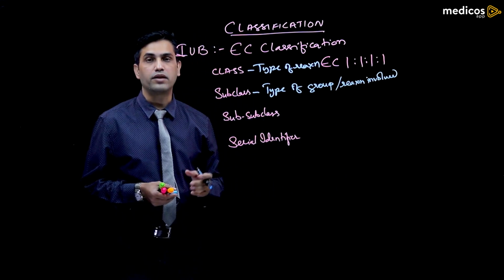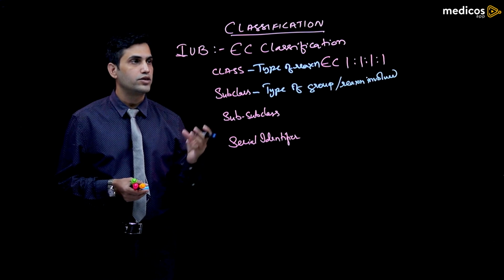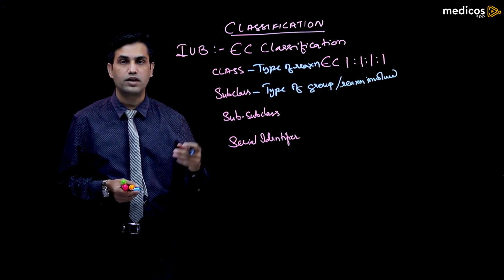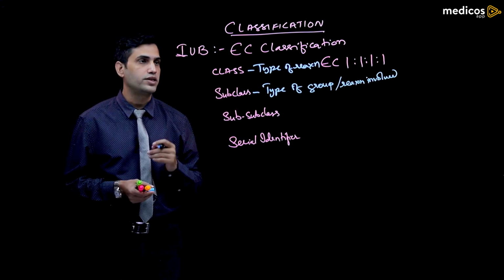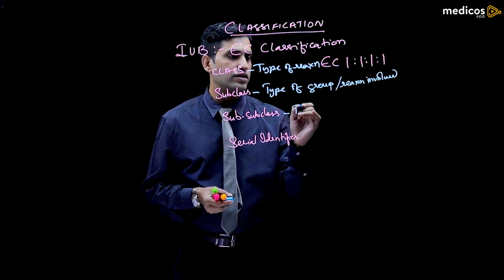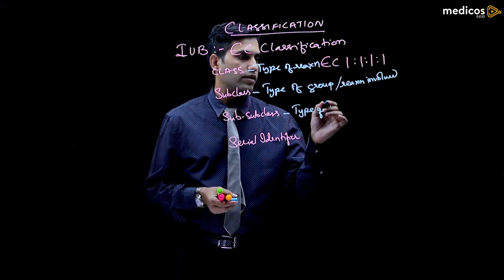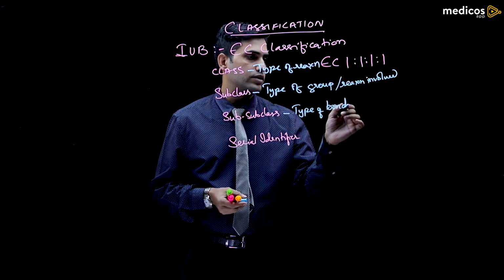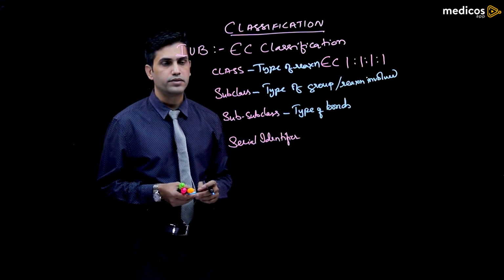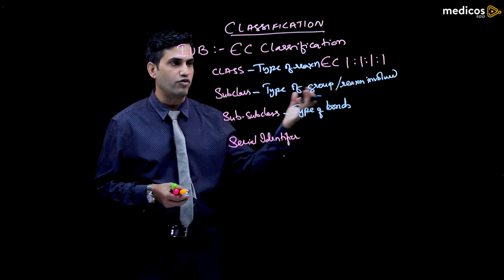That is, it can be either oxidases, reductases, hydrogenases. So, it can be either an oxidation, reduction, hydrogenation, like that. Subclass defines the type of bonds generally, okay, monooxygenase, dioxygenase, like that, types of bonds.